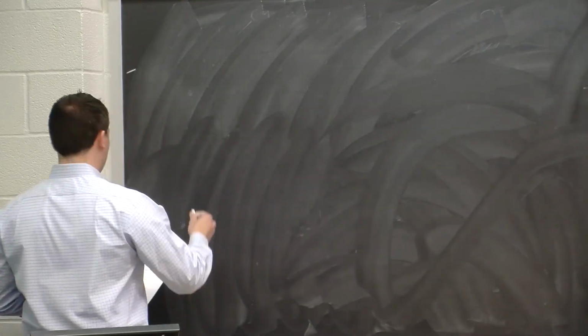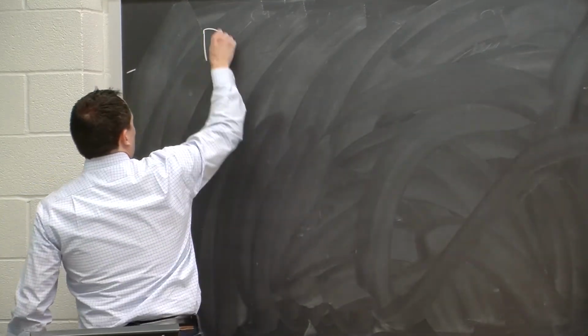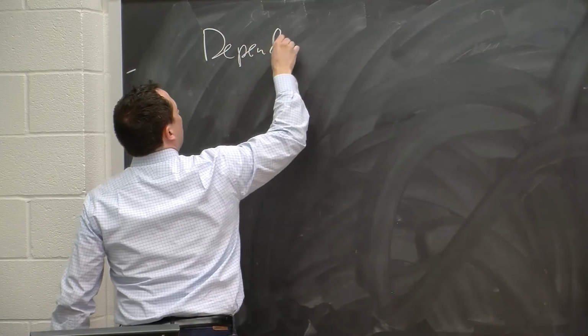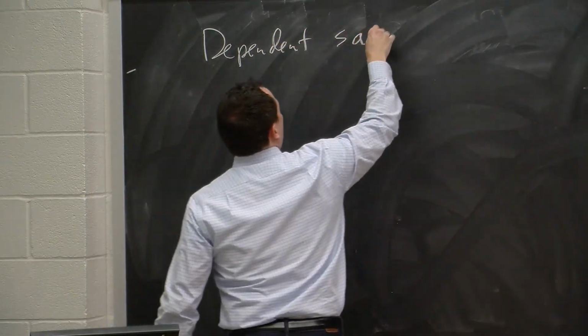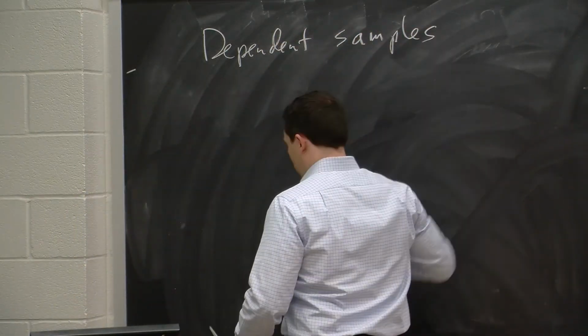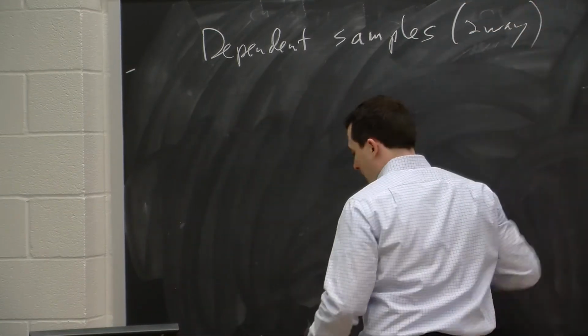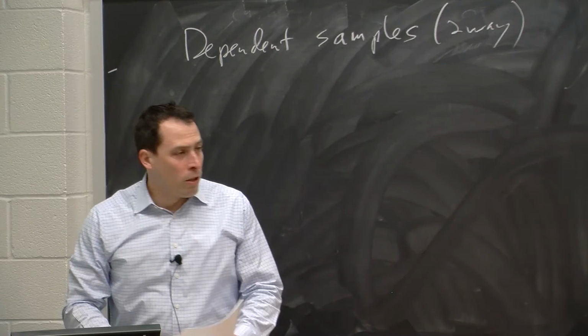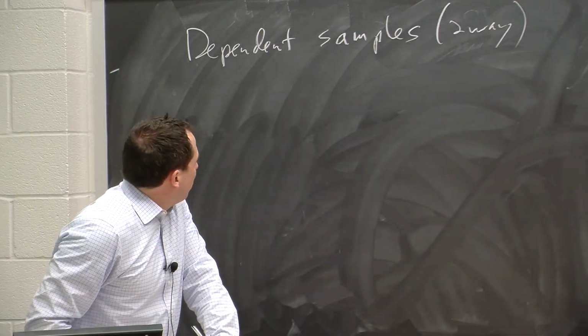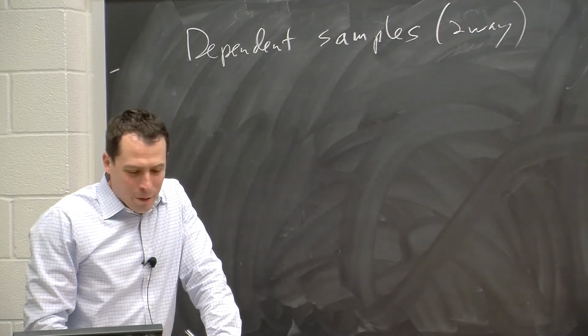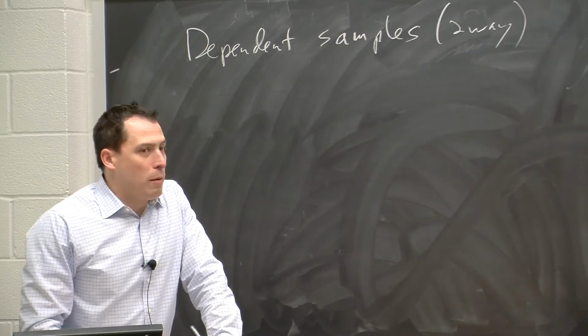Okay, so the next topic is dependent samples, for two-way tables. This means that we essentially have a new type of sampling assumption.